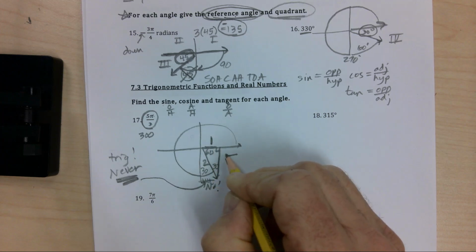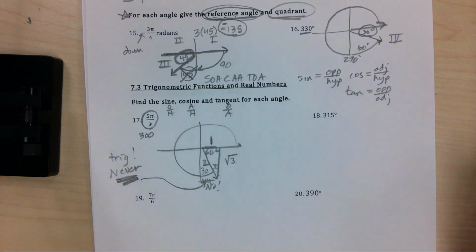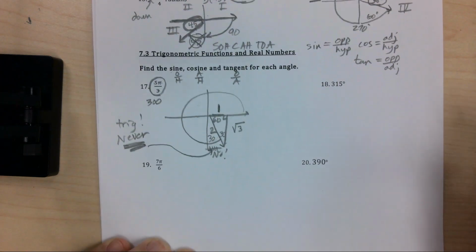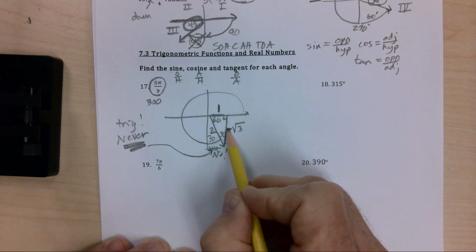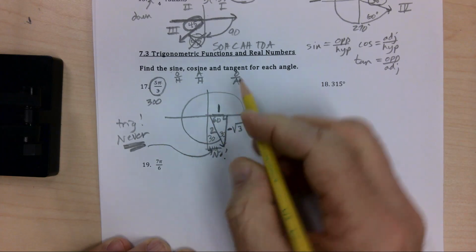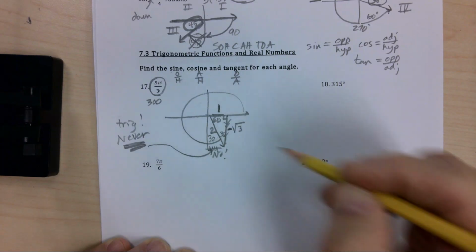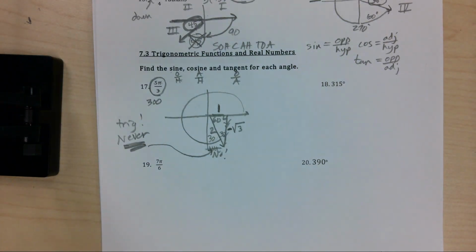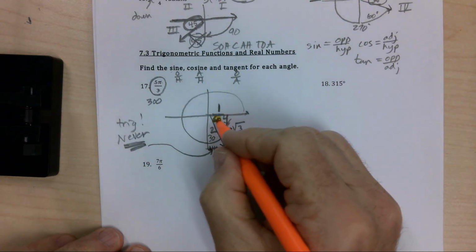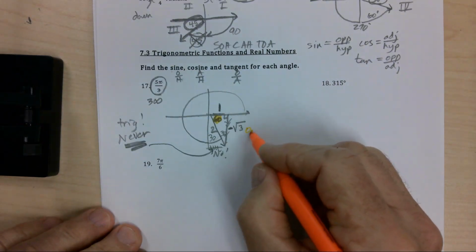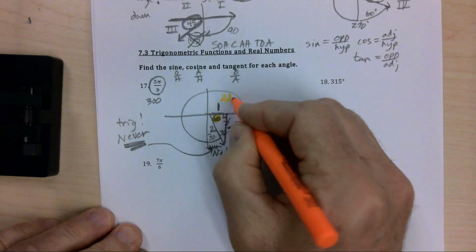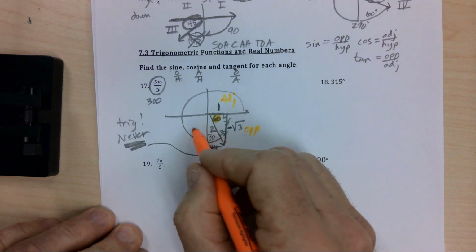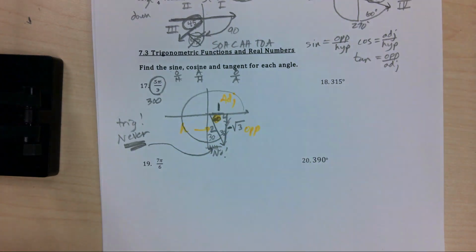But if I don't pay attention, I'm going to forget a little truth. This has to be negative, because it's right, which is positive, down, which is negative. So what's sine? Well, you have to know this is our reference angle, which makes this my opposite side, adjacent, and of course that 2 is my hypotenuse.